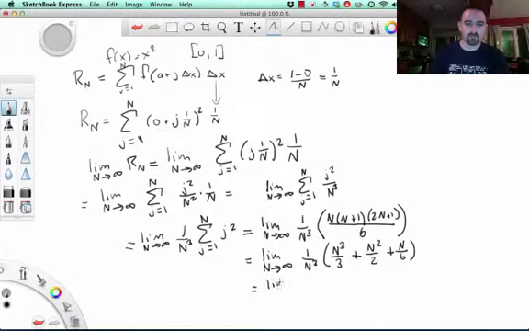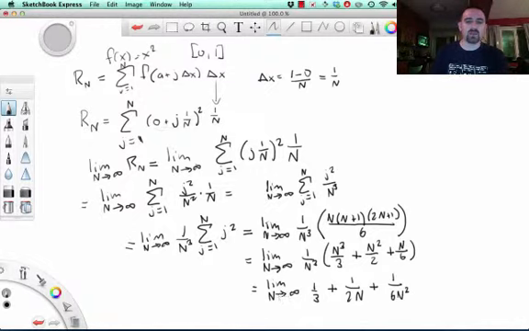Almost there. I'm going to distribute, and the n cubes go away. I get 1/3 plus, n squared over n cubed is 1 over 2n, plus 1 over 6n squared. Good.